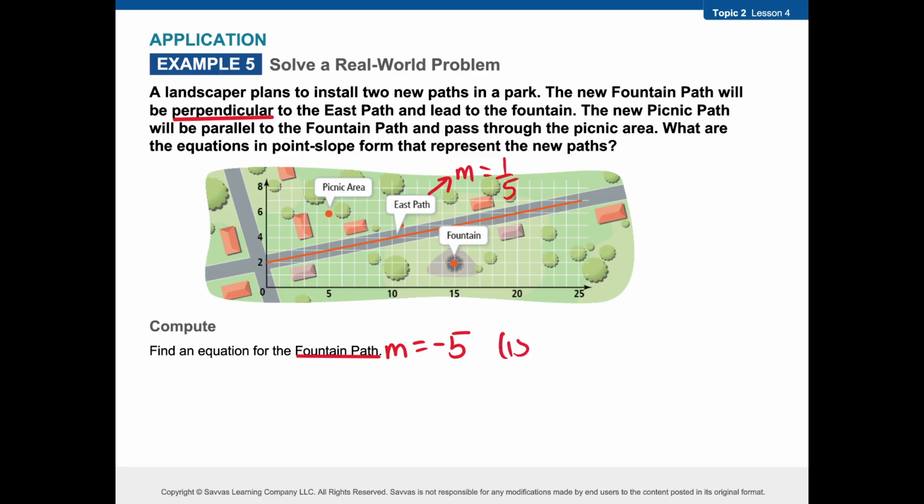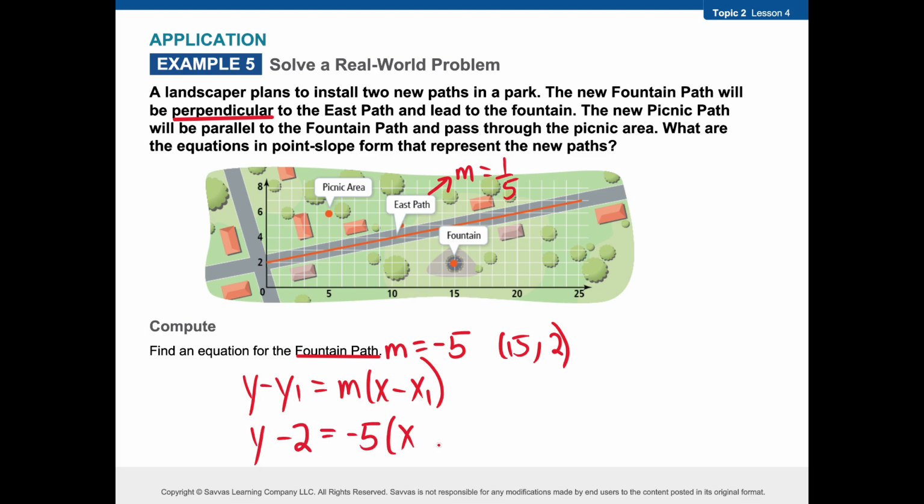And they're giving you a point here, which would be (15, 2). So using point slope form, y minus y1 equals m times x minus x1, y minus 2 equals -5 times x minus 15. That would be your equation in point slope form of the fountain path.